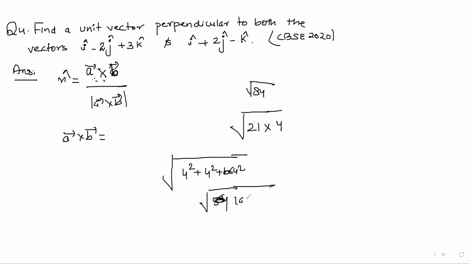This is 16 plus 16 plus 16. Okay, so this is 32, 16, 48, under root 48. Why are you writing 84? Sorry, it is 48.